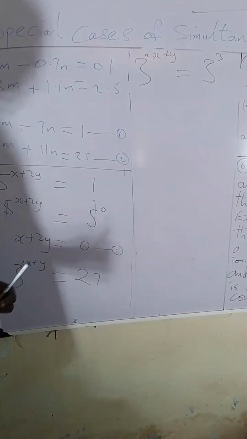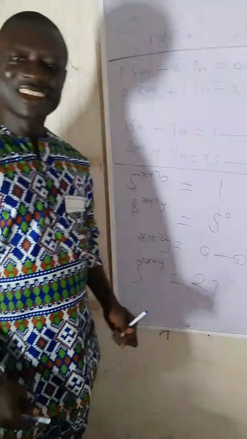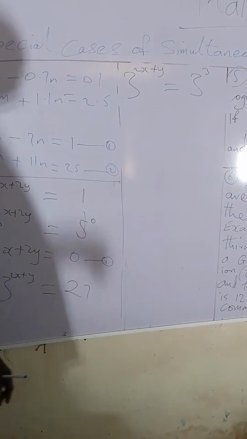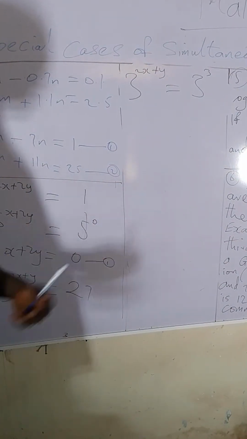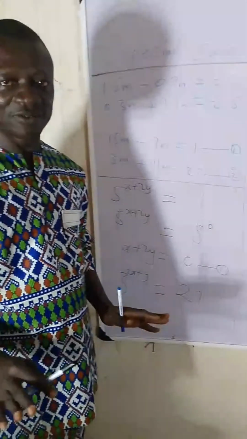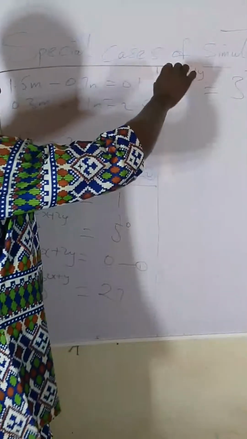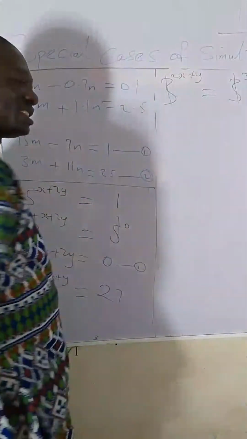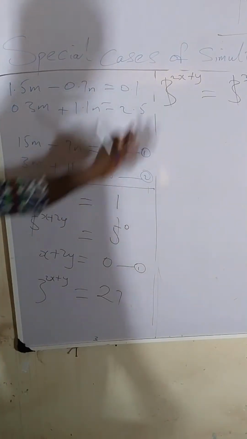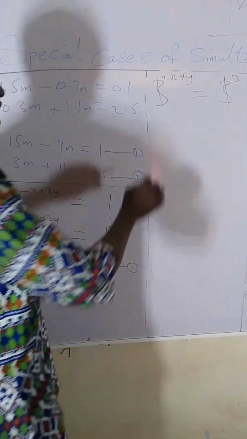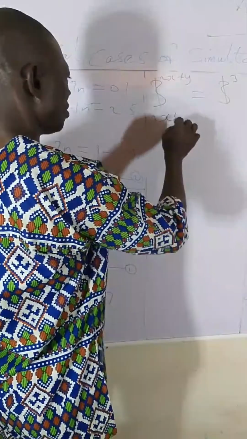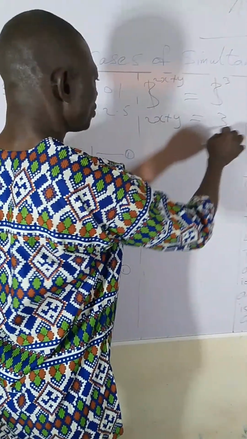Can you see that the same base has come up again? One base on the left, one base on the right, with the indices containing the unknown, which we are meant to solve. And so what we are going to do is to cancel the base. We are going to say if the bases are equal, then the indices must also be equal. And then we have 2x plus y equal to 3.